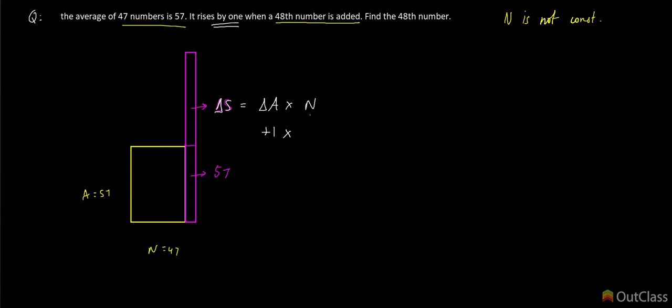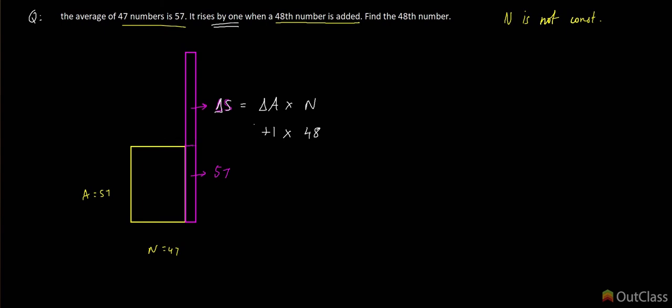And the N used to be 47 people, now it is 48. 48 observations are there. You always use the final value of N, because this extra is redistributed like this to raise the average. The extra also goes to the 48th observation as well.